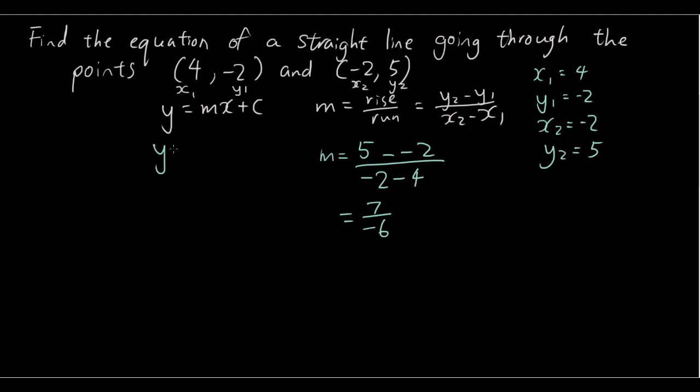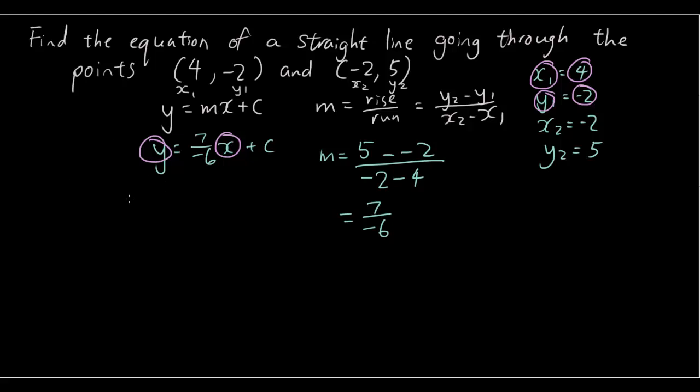Okay, so that becomes 5 plus 2, which is 7. -2 minus 4 is -6. So we can substitute that into m: y equals 7 over -6 x plus c. Now we just need to know what c is. So how do we do that? Well, let's substitute x1 and y1, 4 and -2, into our equation.